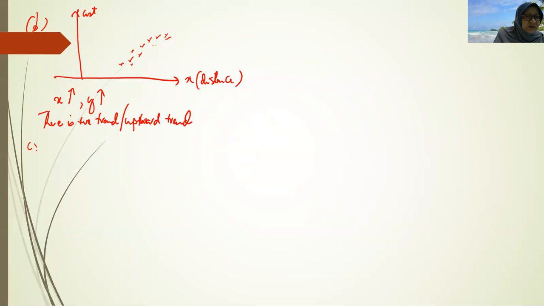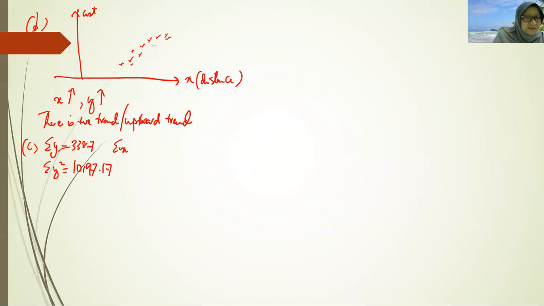In part C, you need to calculate all the sums. You can use your calculator, but I will just give you the values. Sum of Y equals 338.7. You can check this later. Sum of Y squared is equal to 10197.17.